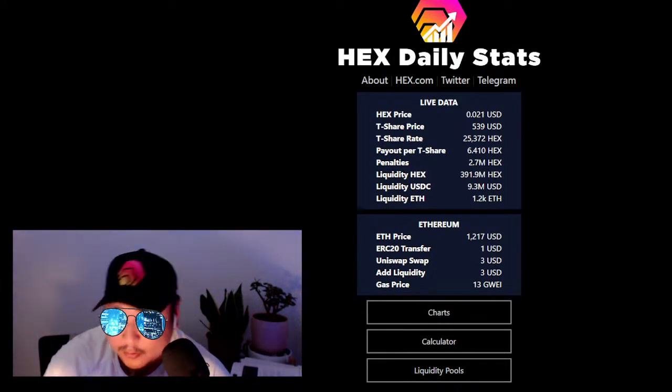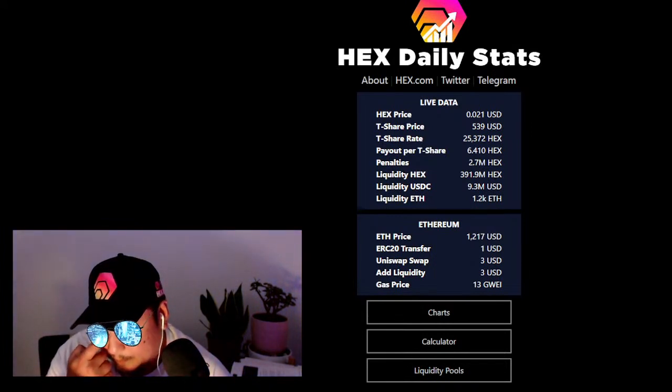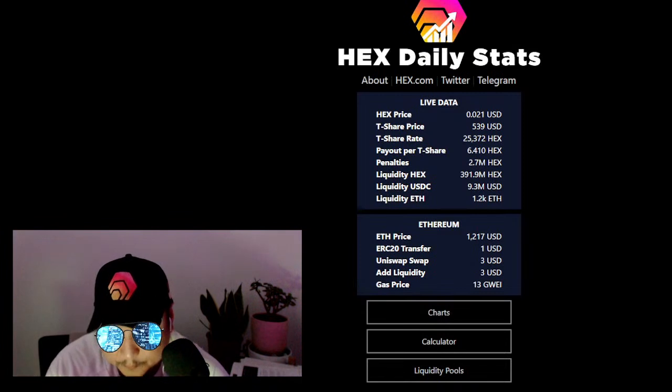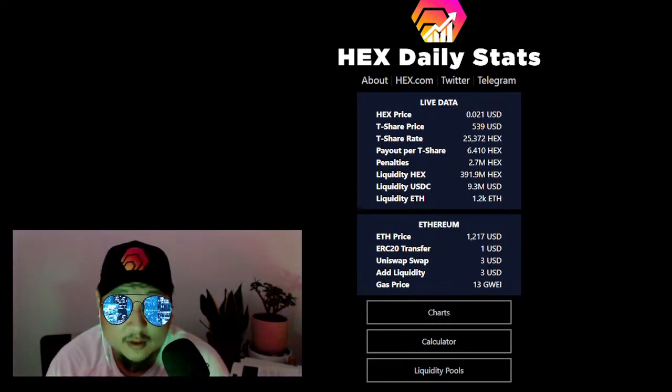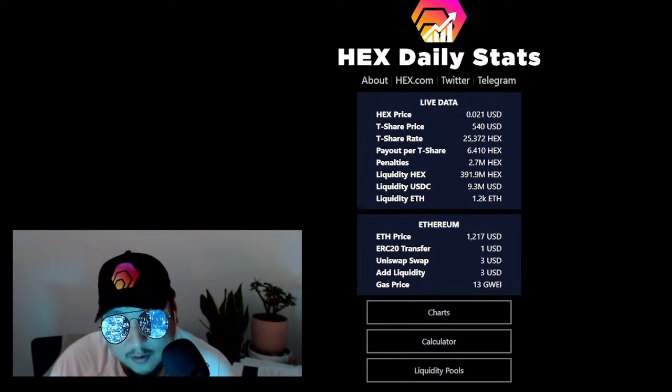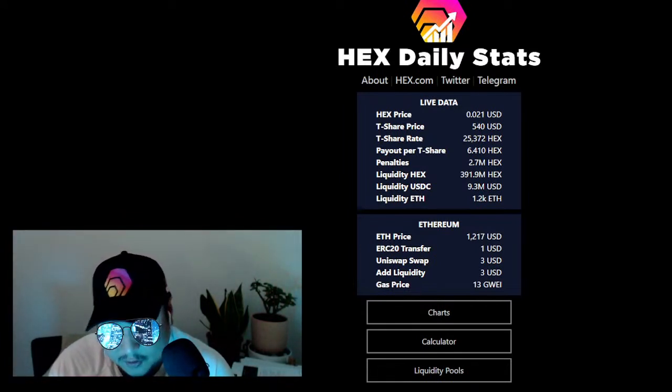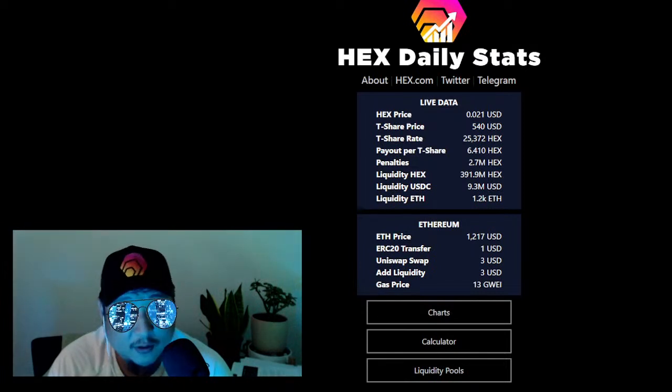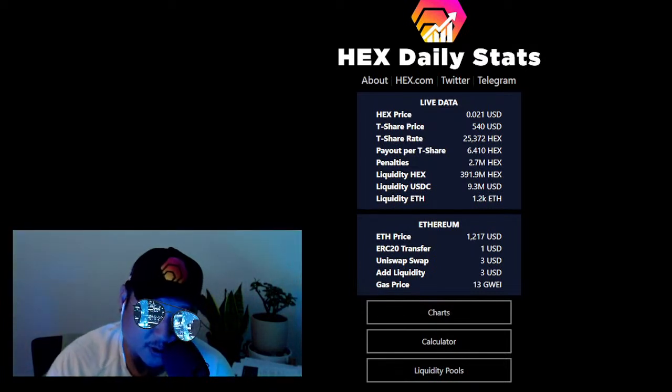So that's how it works on an inefficient chain. Imagine on an efficient chain, then that leads me to start thinking about PulseChain, etcetera.